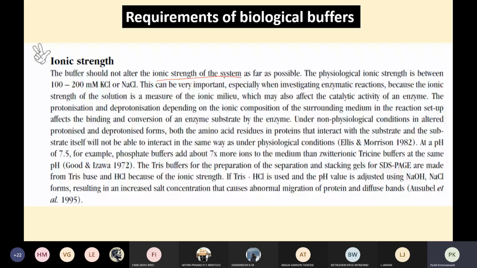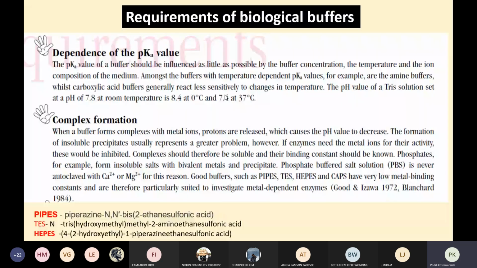Then, the pKa values of the biological buffers should reside between 6 and 8. They should not form any complex with metal ions and so on.